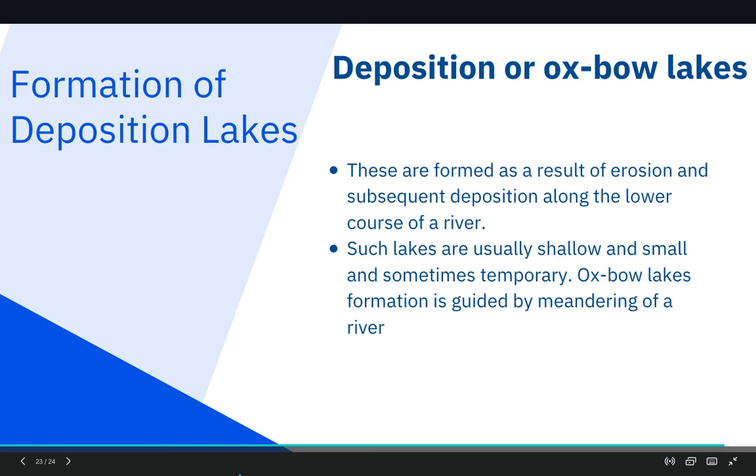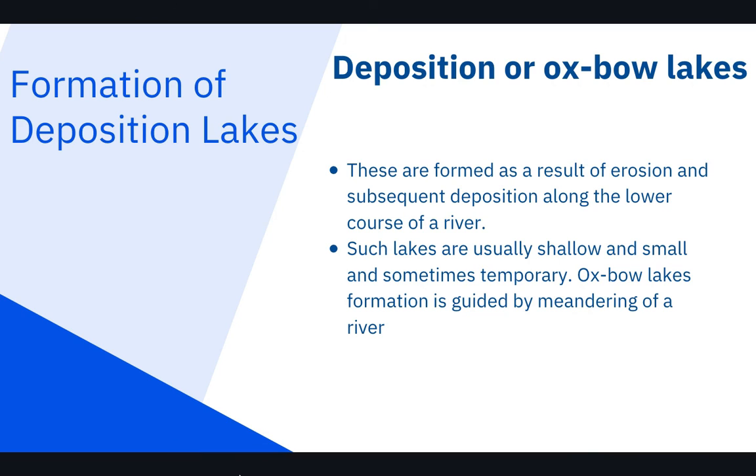So next we have deposition or oxbow lakes. These are formed by the process of deposition, as we shall see. These are formed as a result of erosion and subsequent deposition along the lower course of a river. So continuous deposition fills that area, and remember the river is moving at a slow speed here because it is well loaded and the area is flat and gentle, so it does not give it enough momentum to erode in a vertical way.